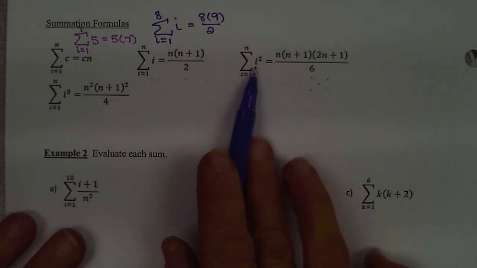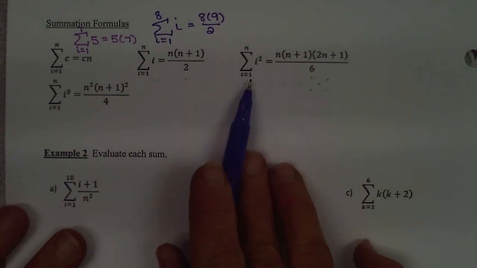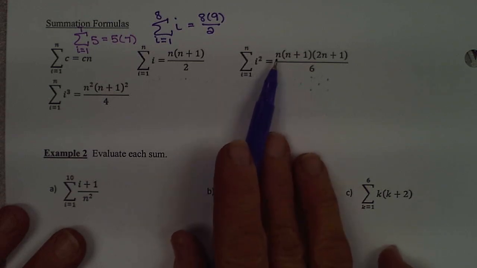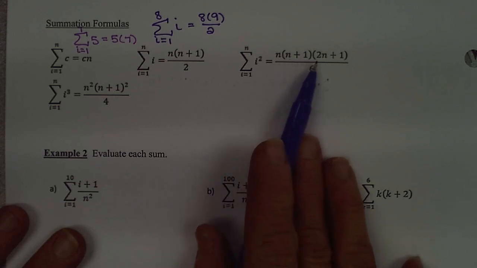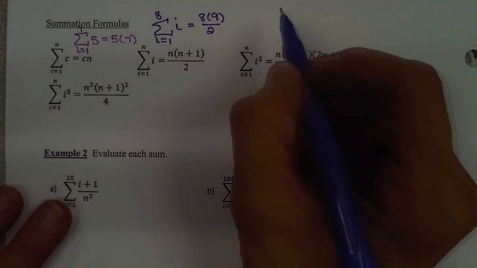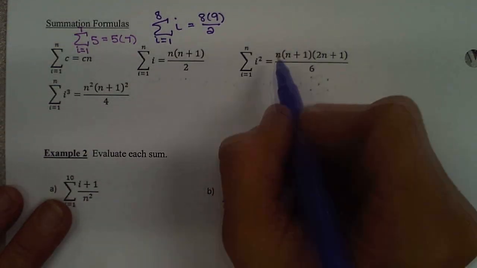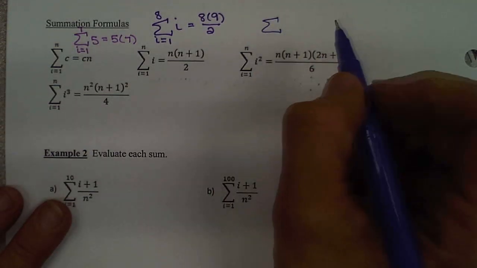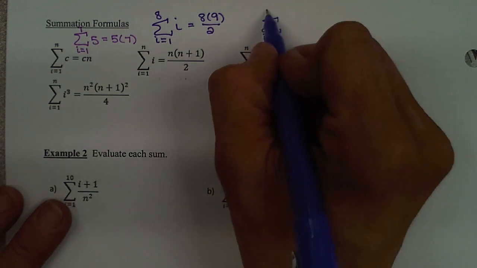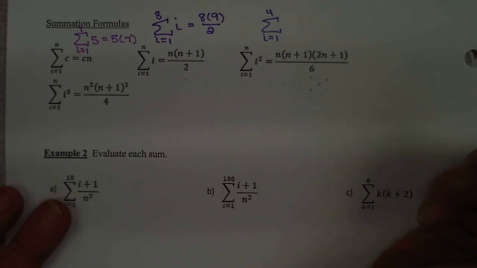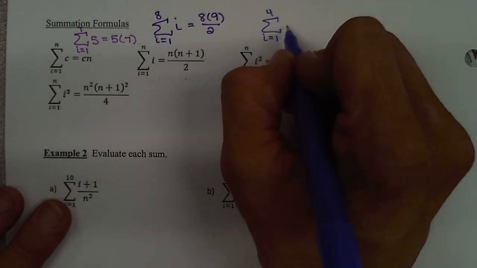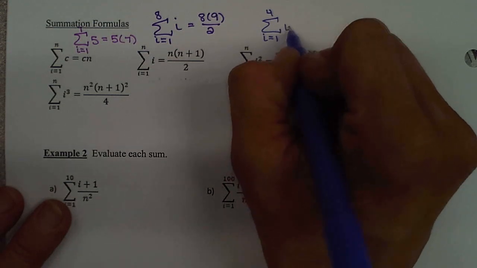The next one is if it's an i squared. So from i equals 1 to n of i squared, you take the upper limit times the upper limit plus 1 times twice the upper limit plus 1, all over 6. An example of this one, we could say the summation from i equals 1 to 4 of i squared. That would be like 1 squared plus 2 squared plus 3 squared plus 4 squared.